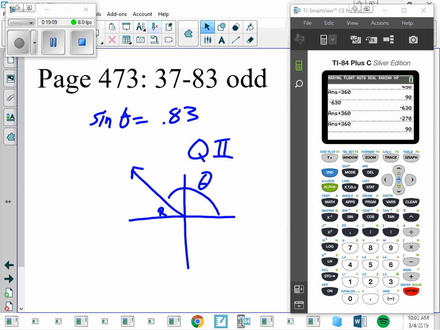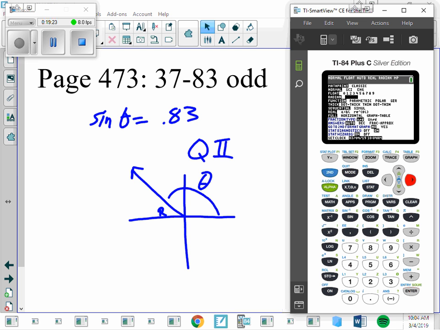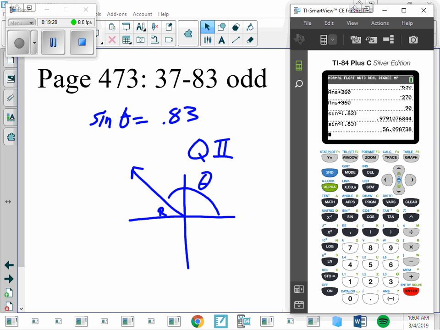To find the reference angle, I just take the inverse sine of 0.83. I must be in radians, hang on. So I get 56 degrees. So how big is theta? I just do 180 minus the answer. 123.3. Okay, let me do that again.